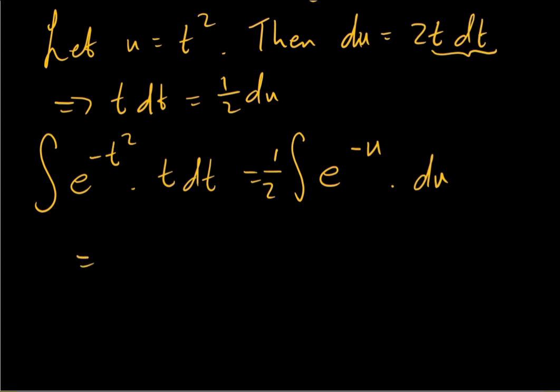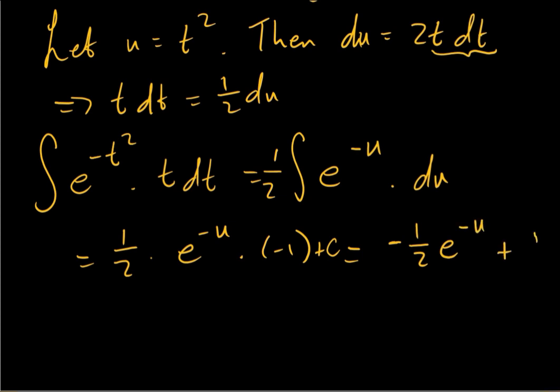So this is just a half times e to the minus u times minus 1, because the negative in the exponent falls down. So you end up with, and let me not forget the plus c, this plus c is so annoying, minus a half e to the minus u plus c.